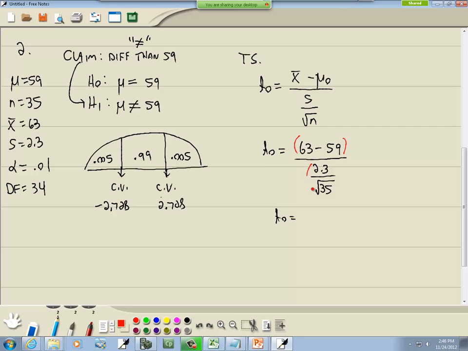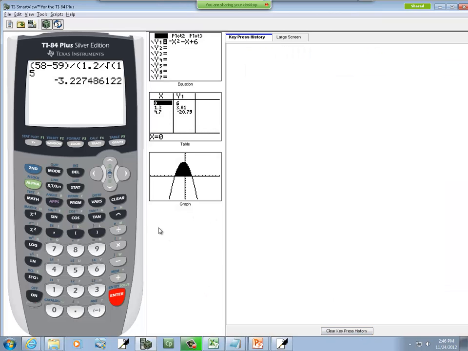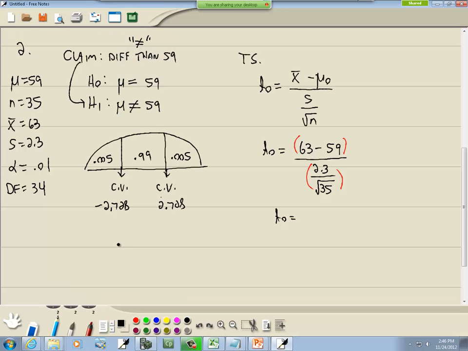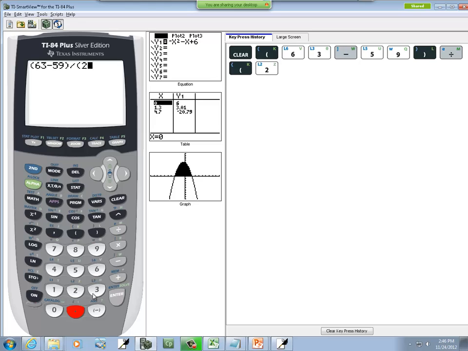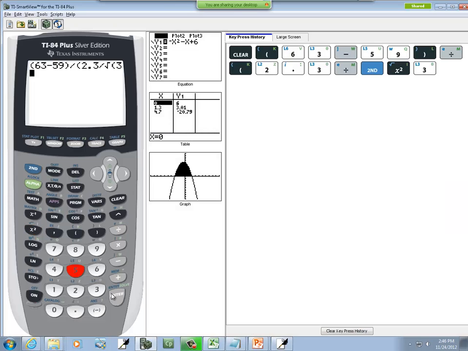Again, put parentheses around the top, parentheses around the bottom when plugging into your calculator. So do beginning parentheses 63 minus 59, closing parentheses, divided by beginning parentheses 2.3 divided by square root, second x squared, 35. Enter. 10.29.